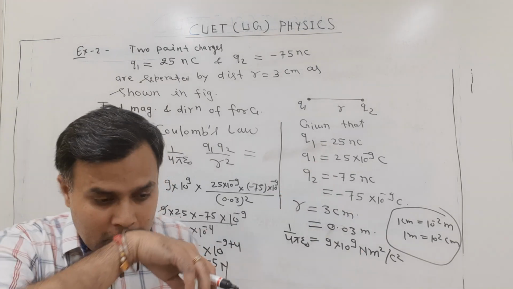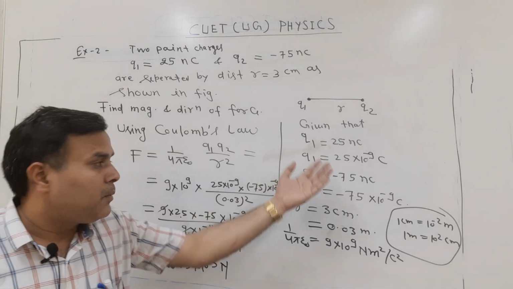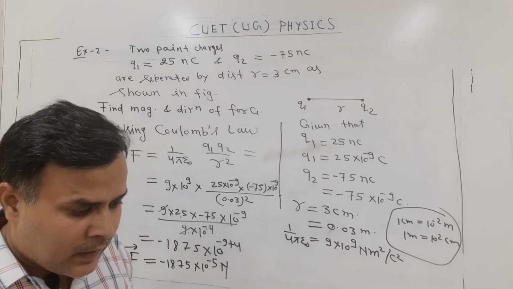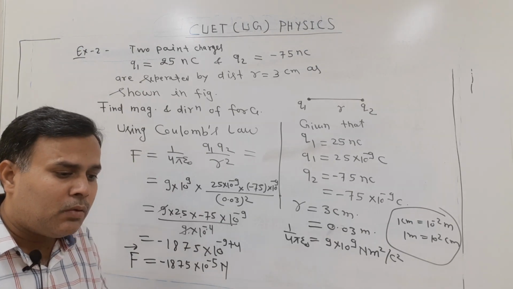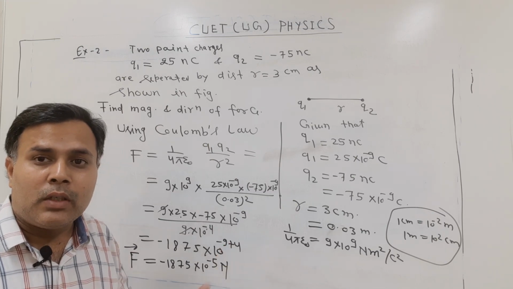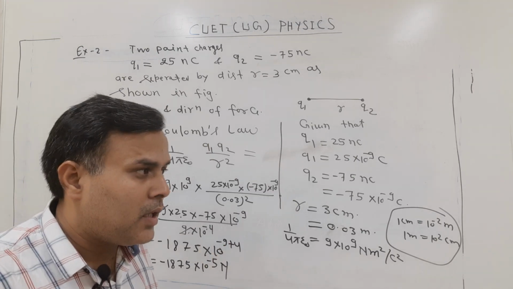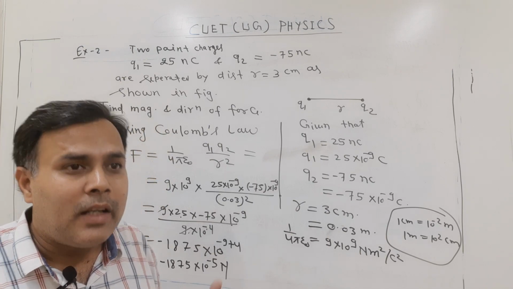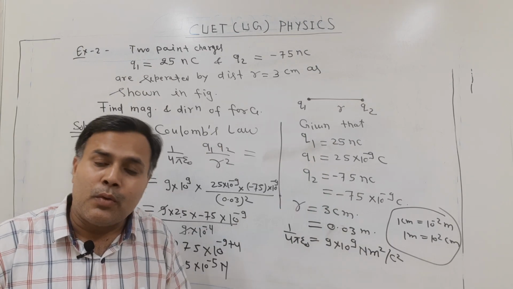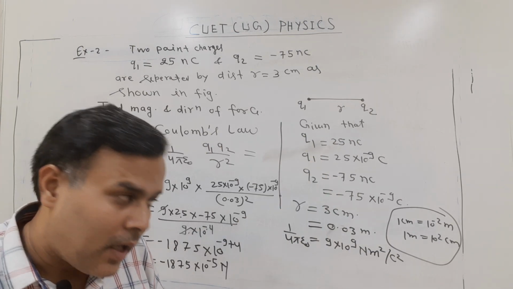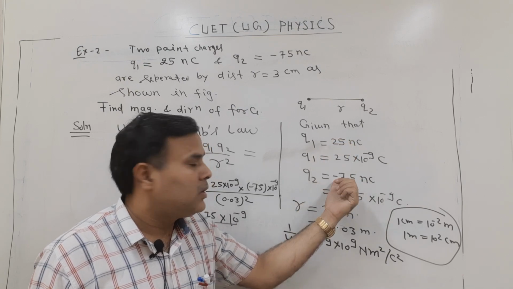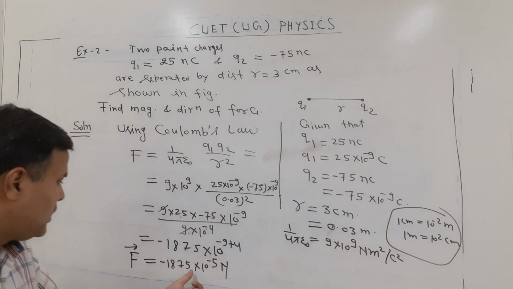As we discussed in the previous lecture, the sign of q1 q2 decides the nature of force. If q1 and q2 are of the same sign, the force is repulsive. If they are of opposite sign, the force is attractive. In this case q1 is positive and q2 is negative, therefore the force is attractive.